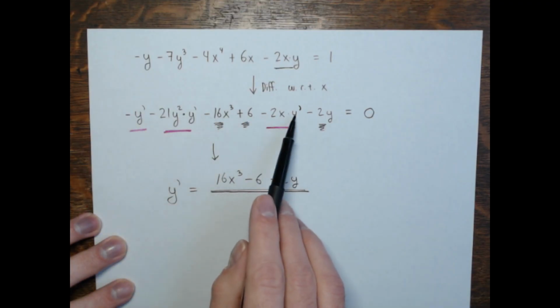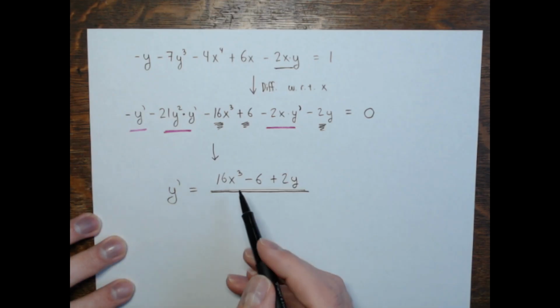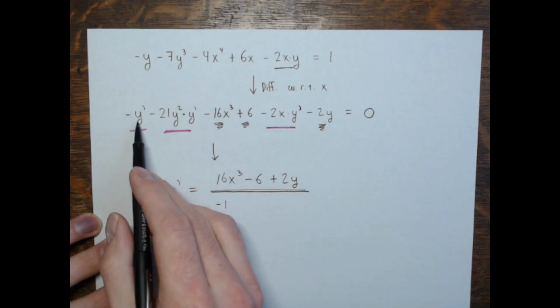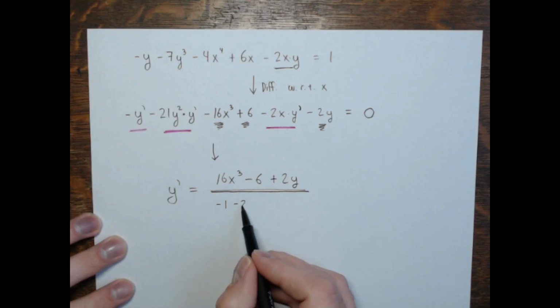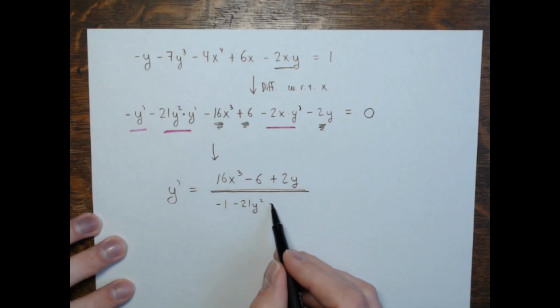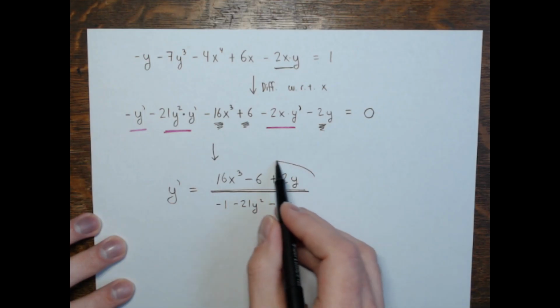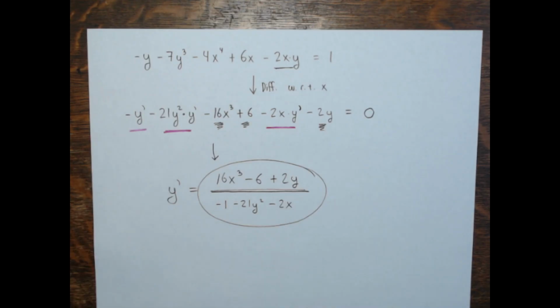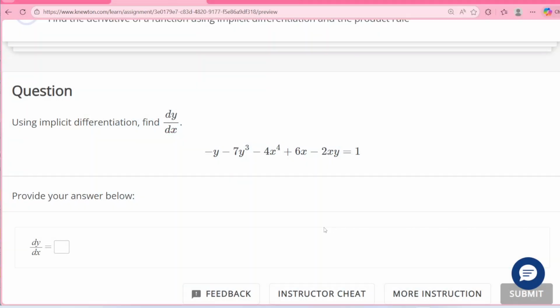So if I factored y prime out of all these terms, we'd have -1 minus 21y squared, and then minus 2x, right? And this is what I would be dividing by. So there's an expression where y prime is given, right? Slopes of tangent lines to this curve, whatever this curve looks like, are given in terms of the x and y coordinates of any point that you are at on the curve.